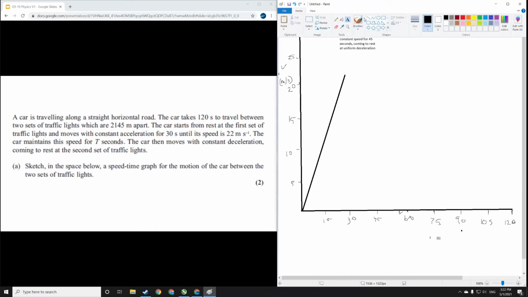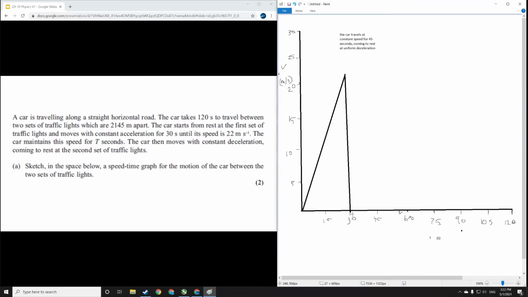Then we'll continue this line. As we can see, it's at 30. We'll continue this for 45 seconds. So 30 plus 45 is 75. And because our velocity is constant, because we're moving at constant speed, it's going to be a flat line at 22. And so we're going to stop about there, which is 75.